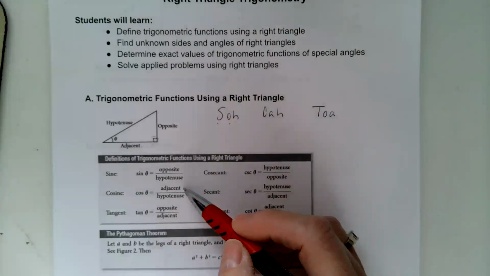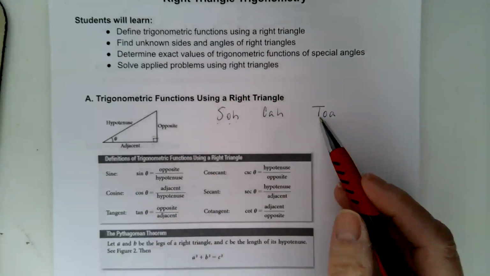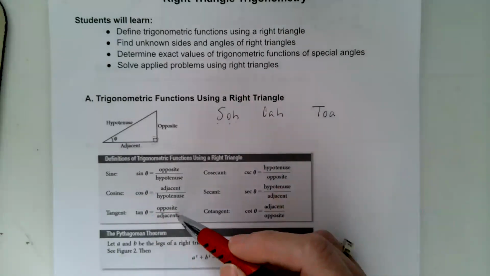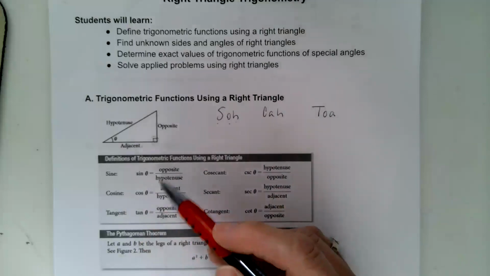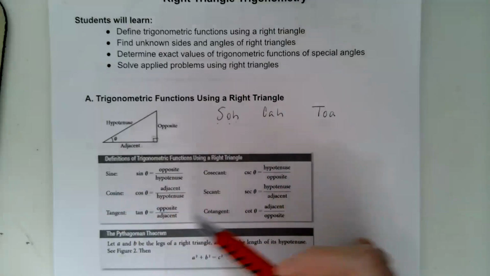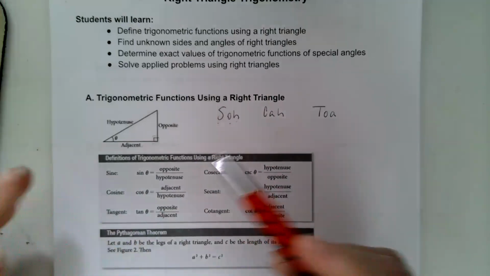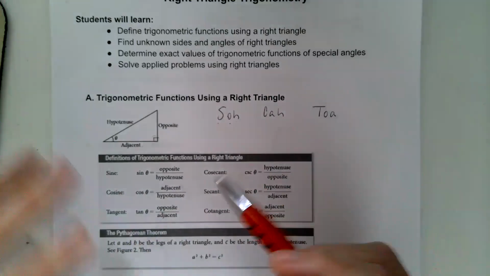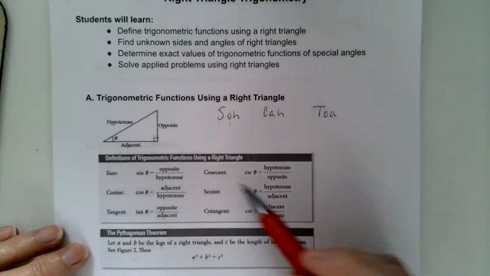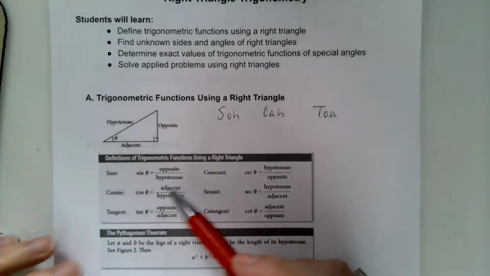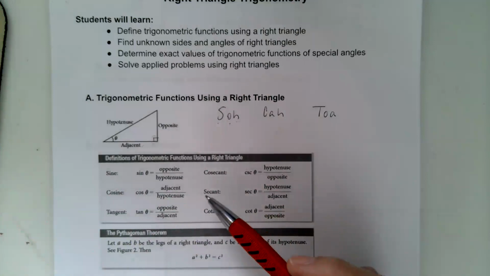Cosine is the adjacent over the hypotenuse, and TOA is the opposite over the adjacent, because remember that tangent is sine over cosine. I always lay mine out when I'm writing them, because I'm going to ask you to give me all 6 of the ratios sometimes in the assignments, on the test and the quiz.